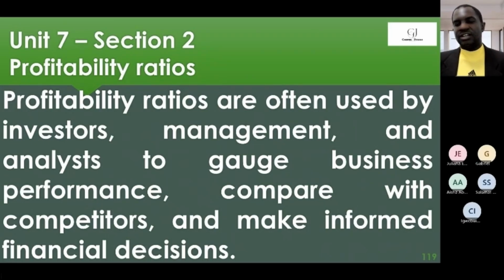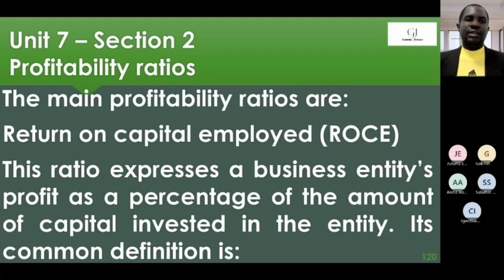So these financial decisions help you compare competitors in particular industries in that business space to help you make investment and financial decisions. So the main profitability ratios, one of them is the return on capital employed, and it's one of the main ratios that will help you express in percentage terms the capital invested in the entity.